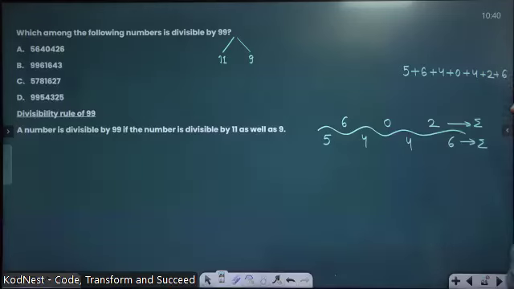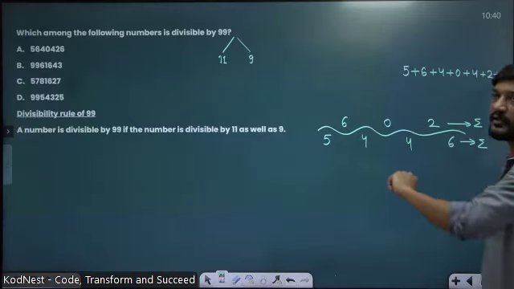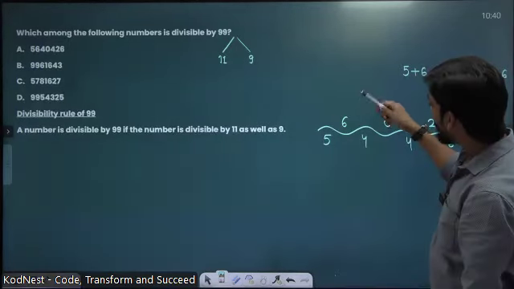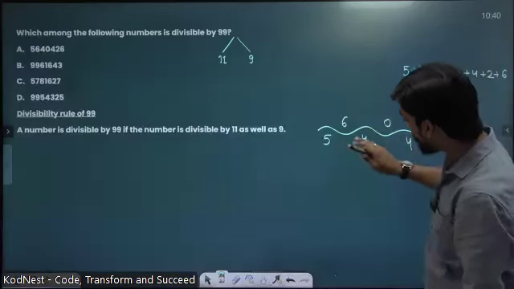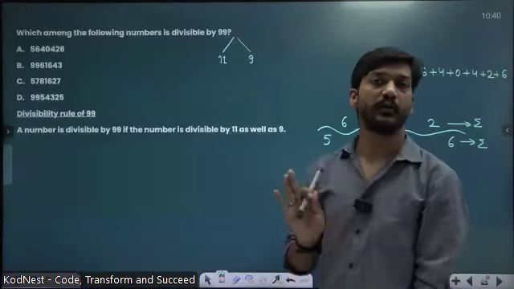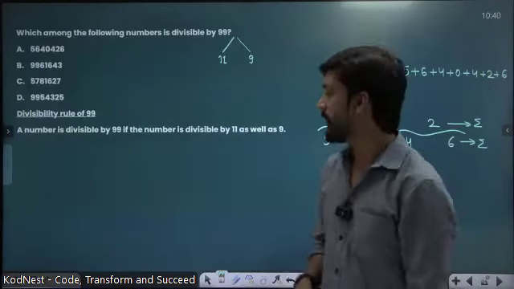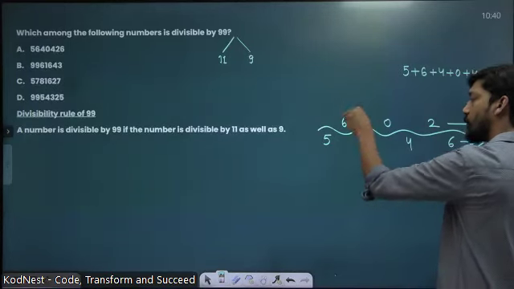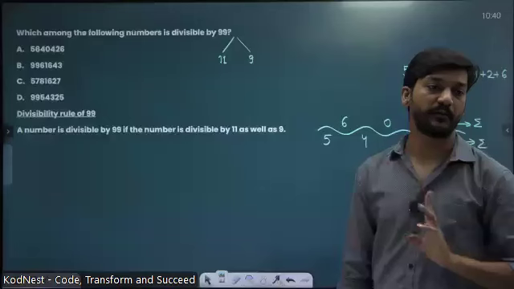I have separated initially in the starting only. Now top side also I will not write the sign. Bottom side also I will not write the sign. But yes, it should be opposite. If top is plus, bottom should be minus. If bottom is plus, top should be minus. It should be opposite side.